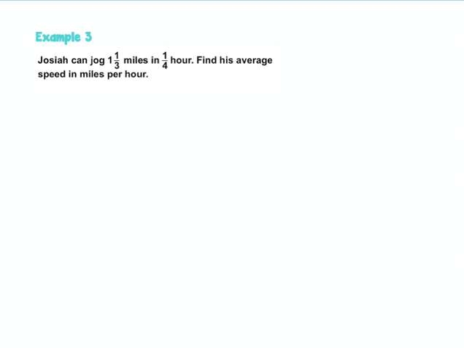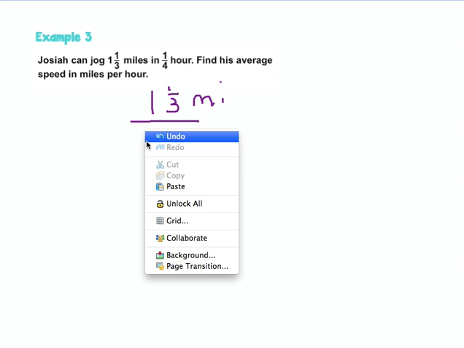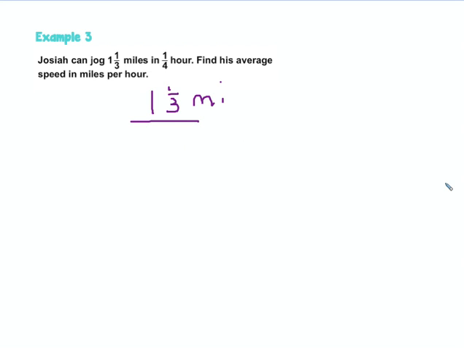So we have 1 and 1/3 on the top, and that's miles. And then on the bottom we have 1/4 hours.